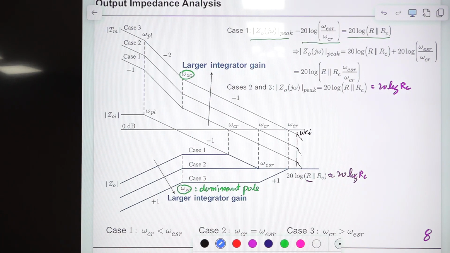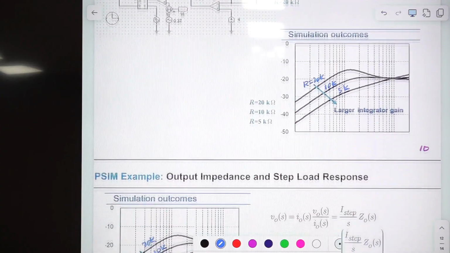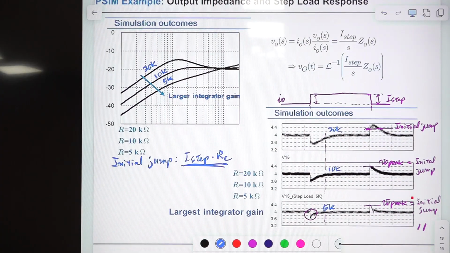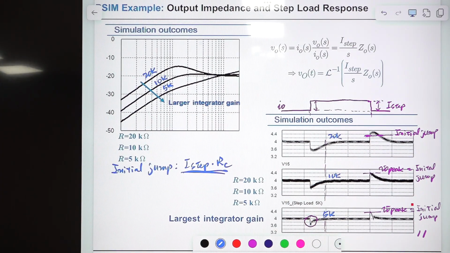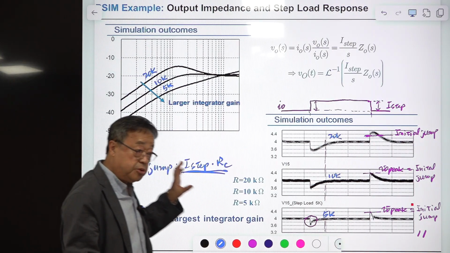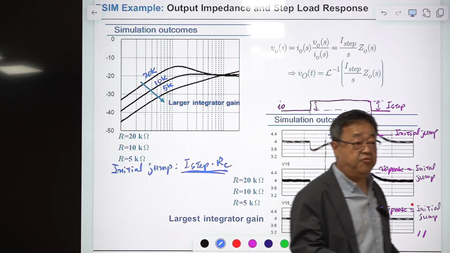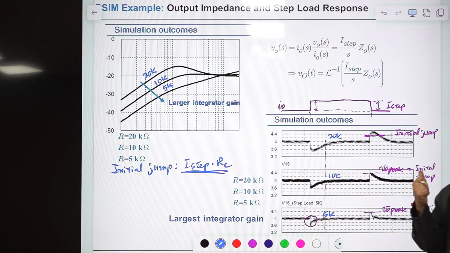Okay. All right. So this is the summary of this lecture. We focused on the analysis of output impedance, and the relationship between this output impedance and the step load response will be discussed in full detail in the upcoming lecture.